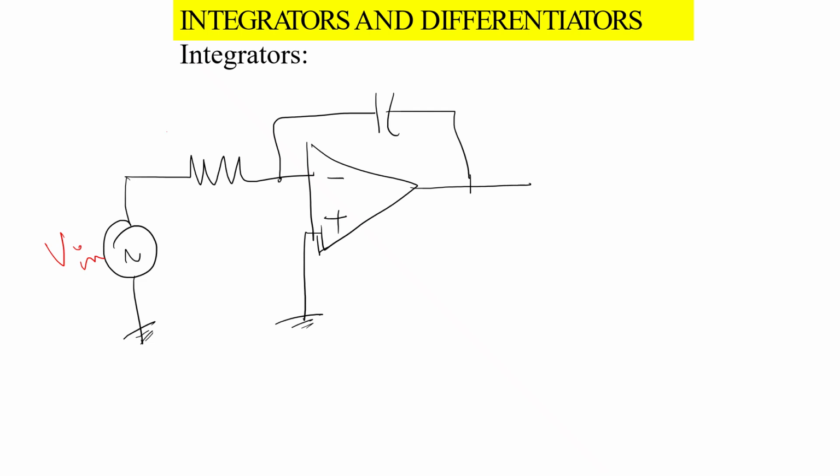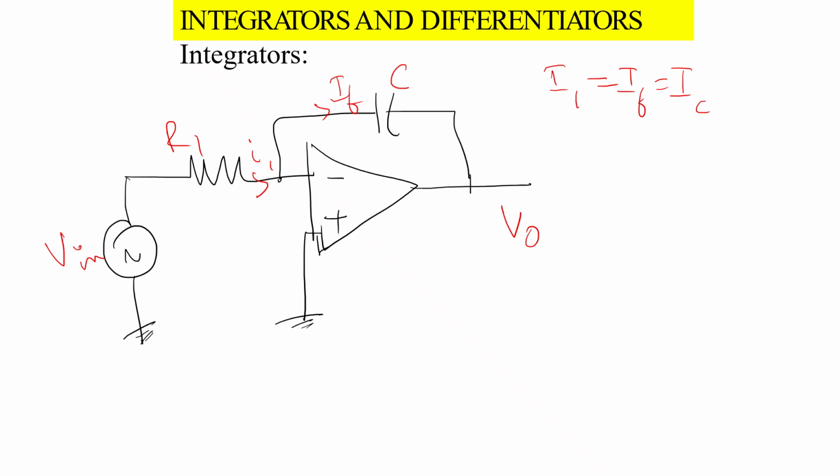Vin, R1, Ia flows here. IF is the feedback current, C is the feedback capacitor, and V0. So the input current Ia is equal to IF, the same current as that passing through the capacitor.